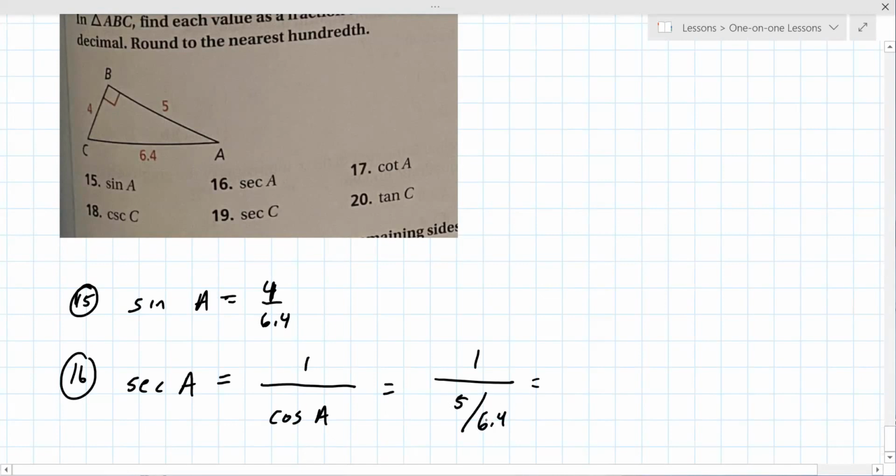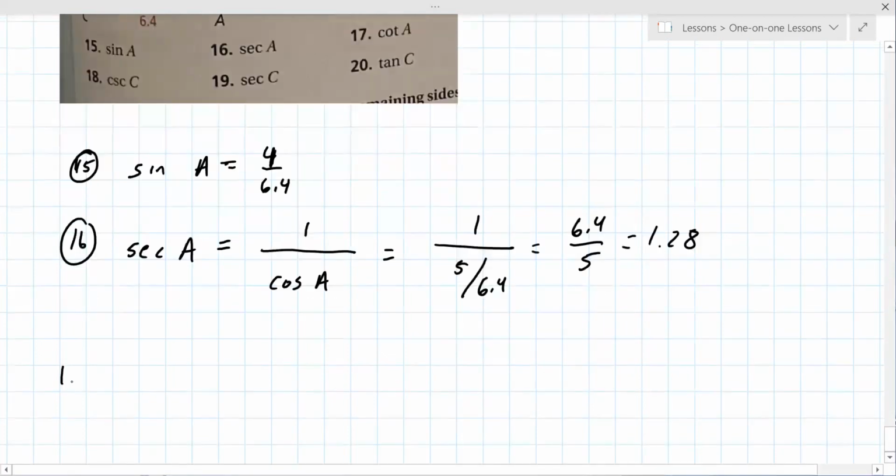Whenever you have 1 over something, it just flips the fraction on the bottom, so it becomes 6.4 over 5, or you just put it in your calculator and get that number out. It's 1.28.